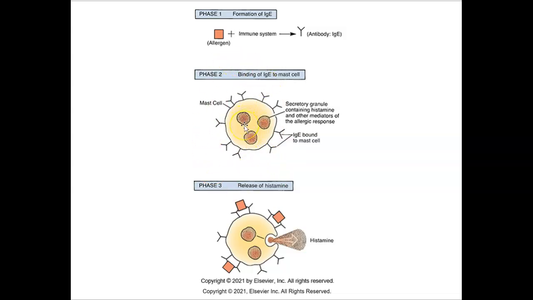So when I'm exposed again, the allergen becomes bound to these antibodies here on the surface. The binding of the allergen to the antibodies creates a bridge between these antibodies, which is kind of hard to see here, but they all kind of become connected.